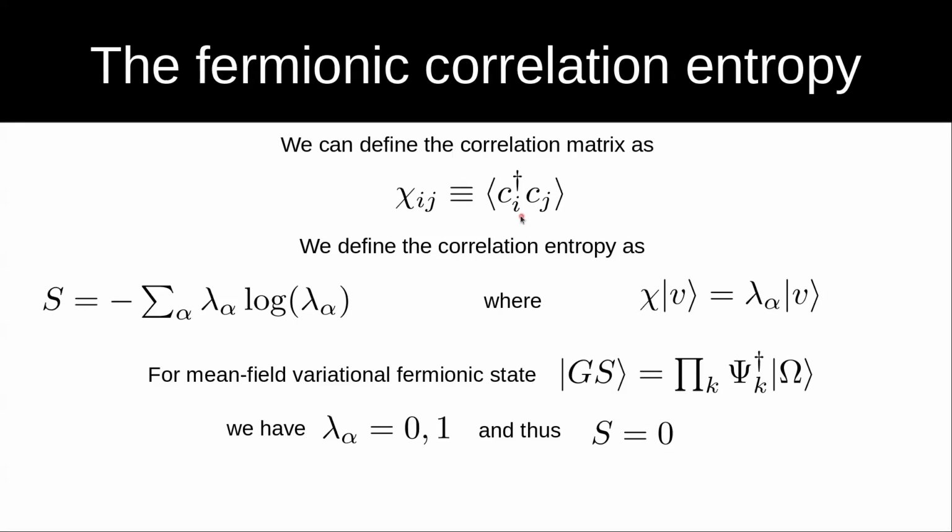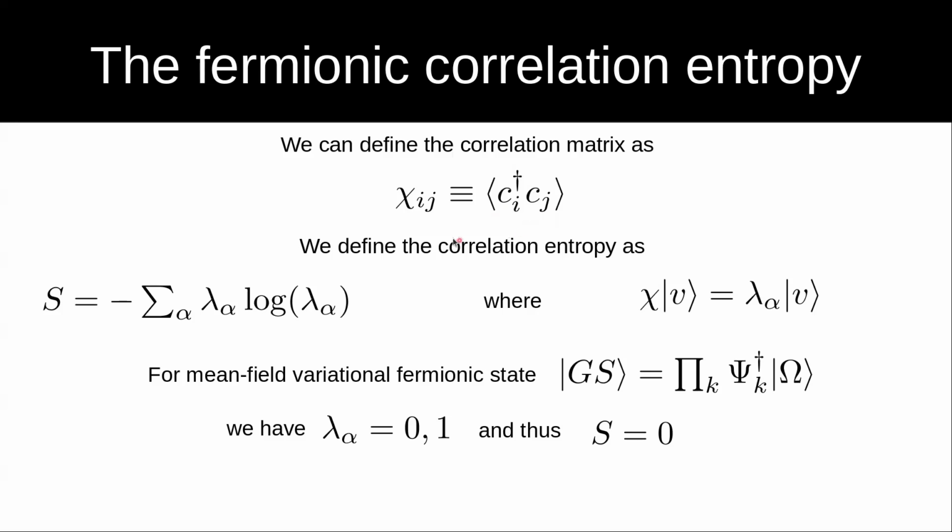So in the diagonal basis, you can think that this would be psi dagger k psi k, and in that basis, the matrix is diagonal and it has values 1 for the single particle wave functions that are occupied and 0 for the single particle wave functions that are unoccupied, and therefore all your eigenvalues are 0 and 1.